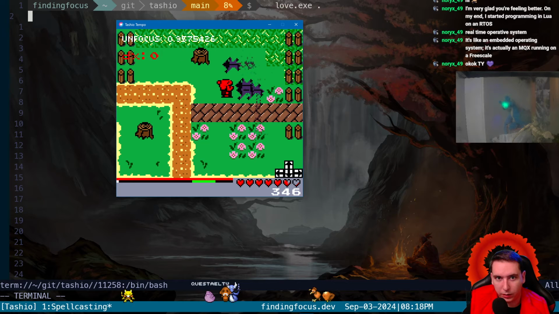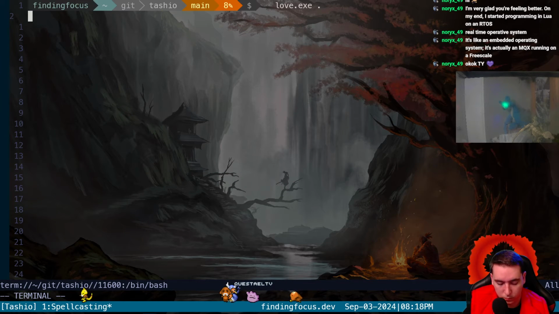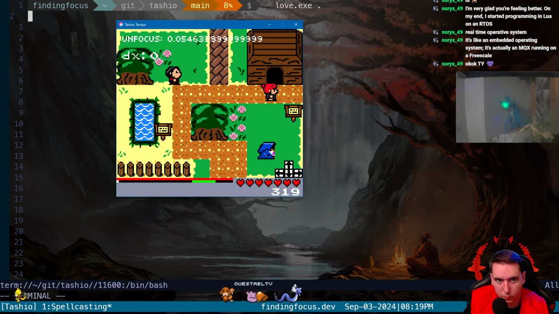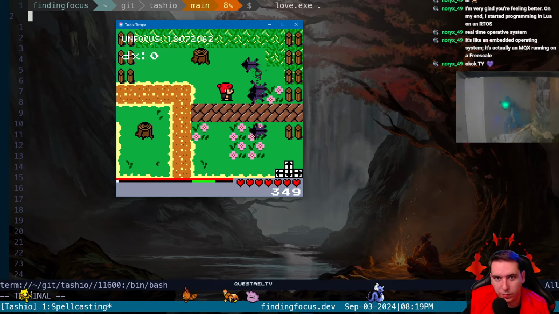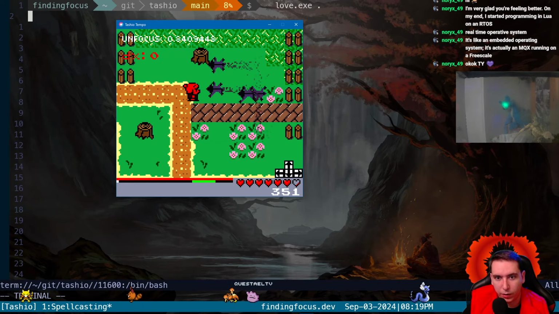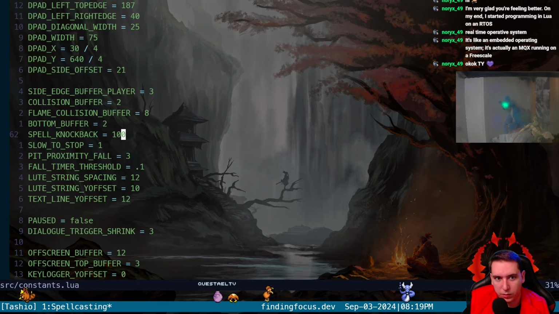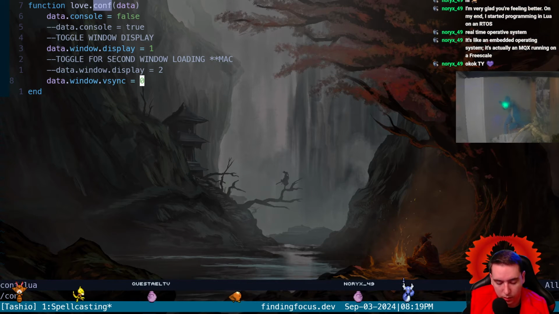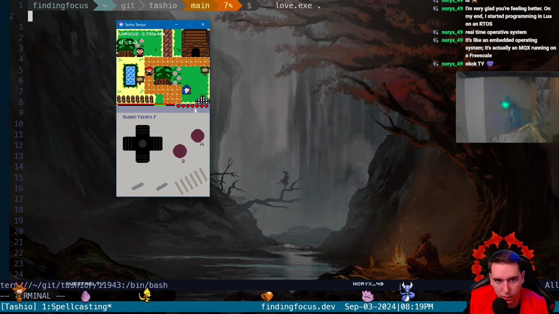Okay, see how we're not moving at all. But also if our DX isn't strong enough, our slow to stop will stop us right away. Okay, that looks okay for 340 frames a second, but let's see how it looks with VSync turned on.